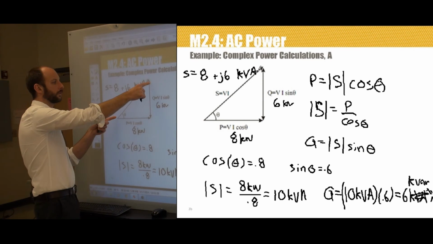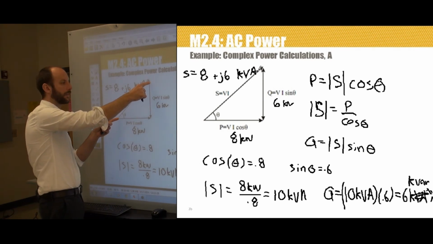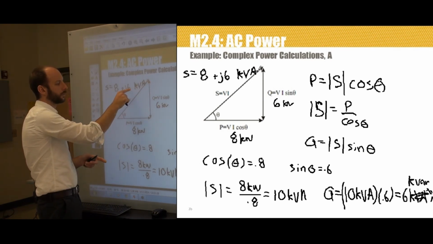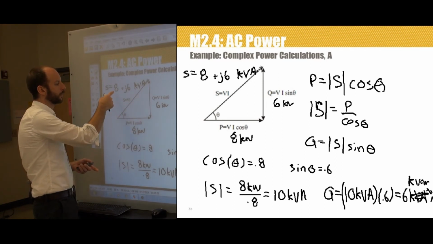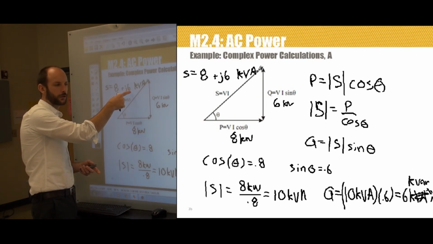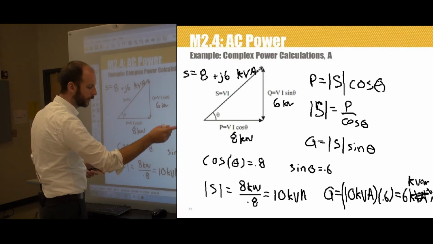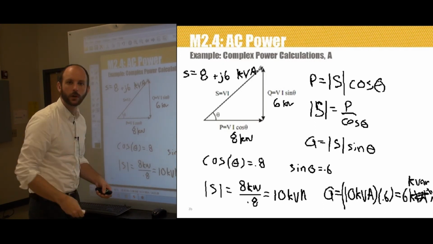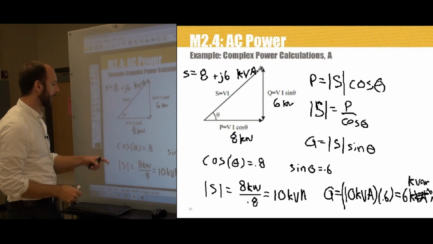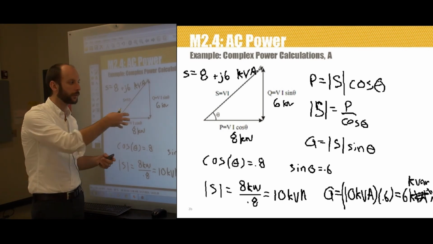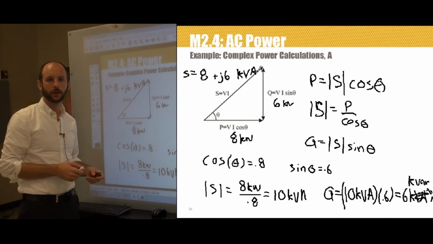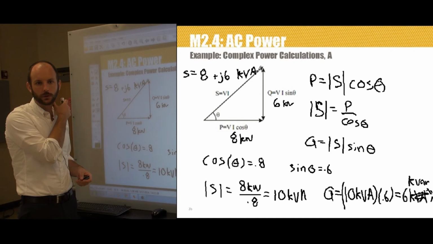And we know the magnitude of this from the Pythagorean theorem is the square root of 8 squared plus 6 squared. So the square root of 64 plus 36, the square root of 100, 10, right? So that shows the consistency between the different measurements we've been using.